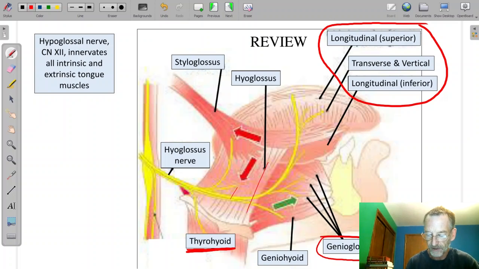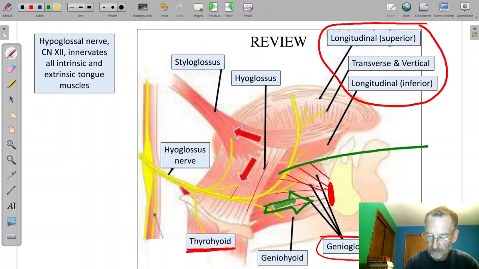For example, the genioglossus, originating on the genial tubercles, fibers fanning out into the tongue. When those muscles contract, the tongue moves anteriorly and you protrude the tongue. You stick the tongue out as those muscles contract.